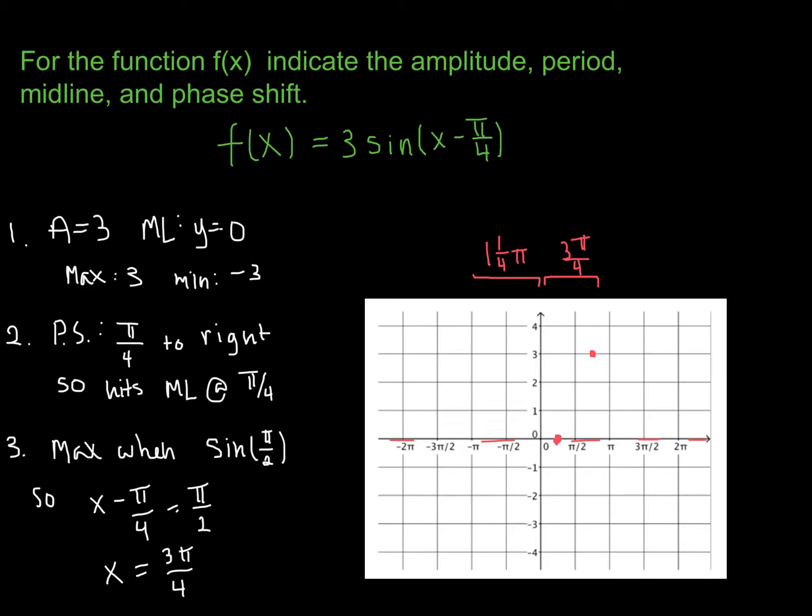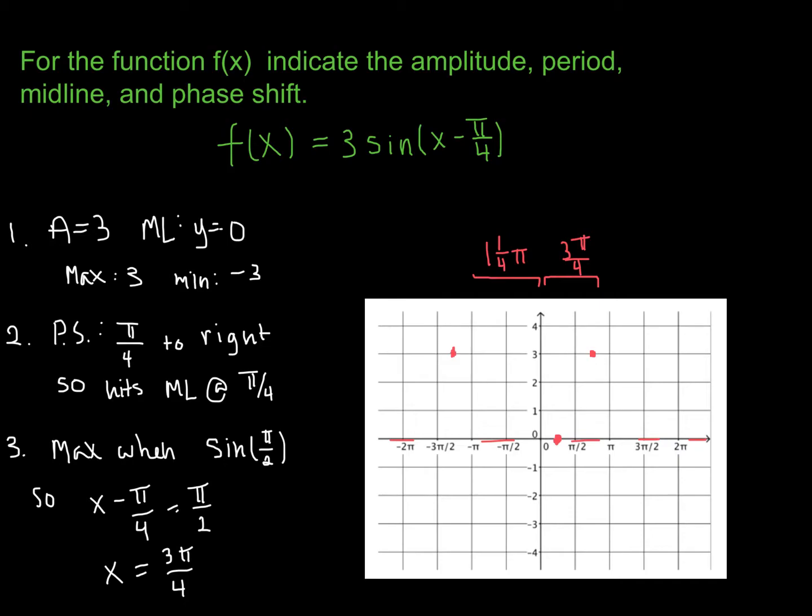Notice that 2 pi to the left will be 3/4 pi back to the y-axis, and then another 1 1/4 pi to get to 2 pi away, because 1 1/4 plus 3/4 will be a total of 2. So 1 1/4, here's 1 pi, and then 1/4 of pi will be right over here. So my other maximum is going to be at this point right here.